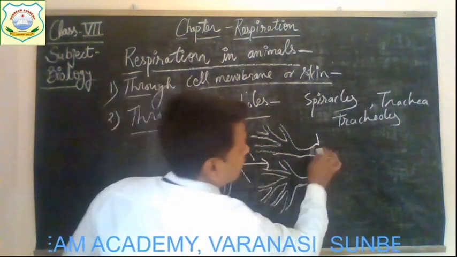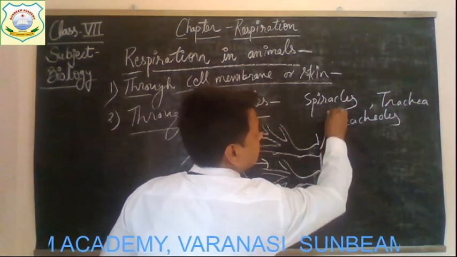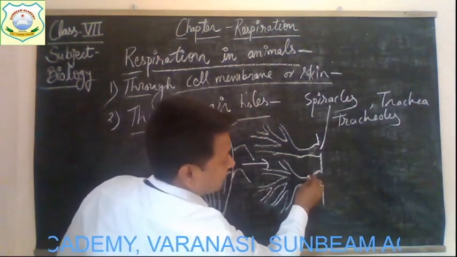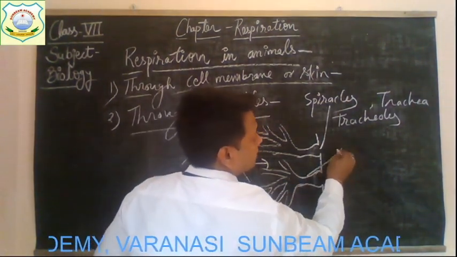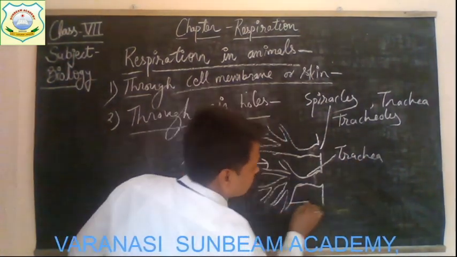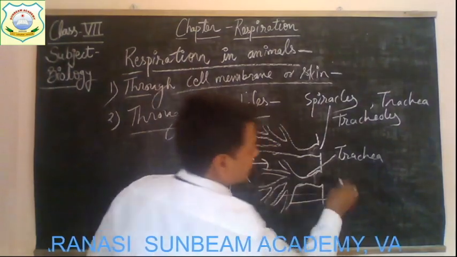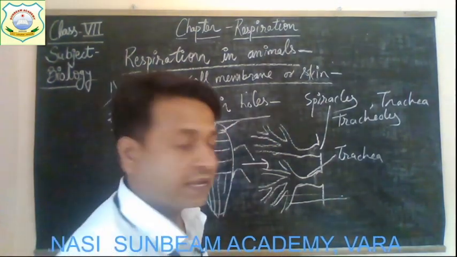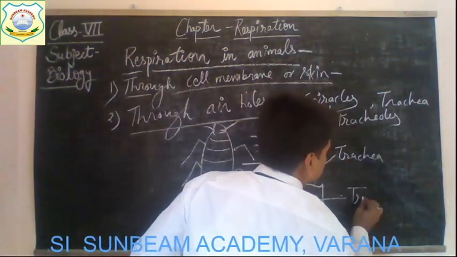So these openings are known as spiracles, these tubes are known as trachea, and these branches which arise from the trachea are known as tracheoles.